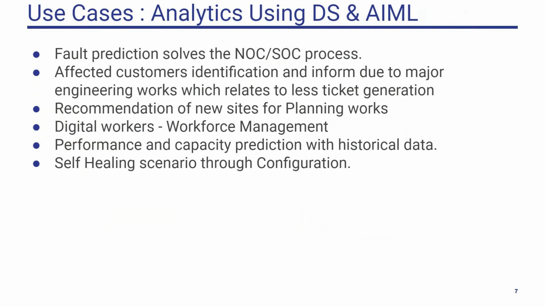And then correlation and enrichment. When we say enrichment, enrichment takes place on the basis of the data which is already there, and how you add another dimension to that particular data so that the data gets enriched and we can see the data in the other dimension as well. Let me give an example here. Let's suppose you have network data. You don't know how many customers that network data relates to, or how many services that network data relates to.